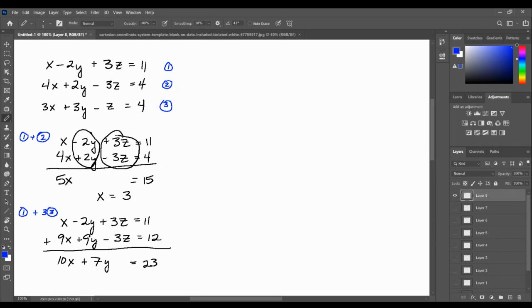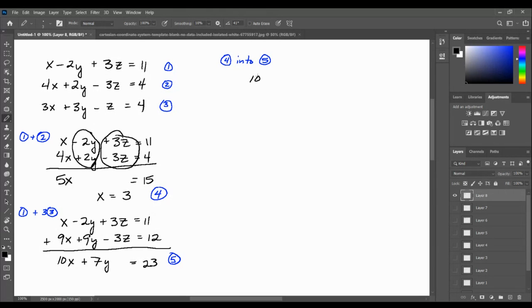So what I have created is an equation 4 and equation 5. But because equation 4 is so simple, I can just plug that into 5. And it will allow me to solve for the other variable. So 4 solves for x.